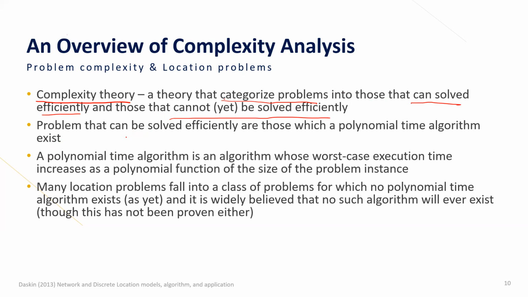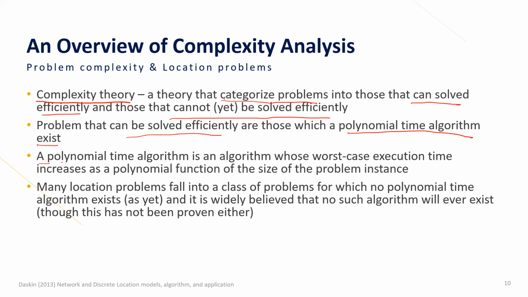A problem that can be solved efficiently using polynomial time belongs to P problems, polynomial problems, like the shortest path problem that I mentioned earlier. If that exists, then it is better you use those algorithms instead of the more difficult algorithms.